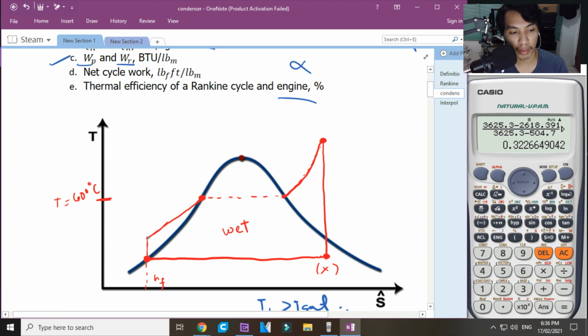Andito yung iyong H4, dito yung 3, dito yung 2, dito yung 1. Ito, constant pressure line. Ito, P1 and T1. Dito, S1 is equal to S2. This is condenser. That is the TS diagram.